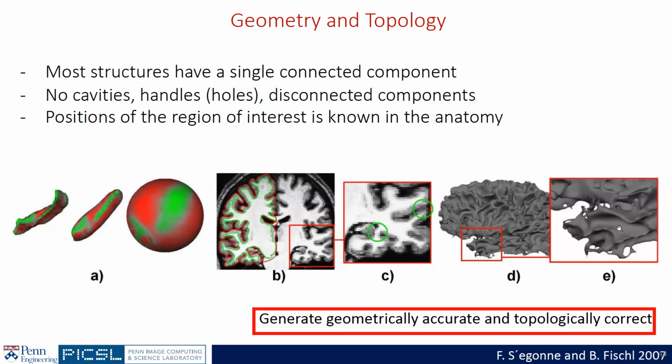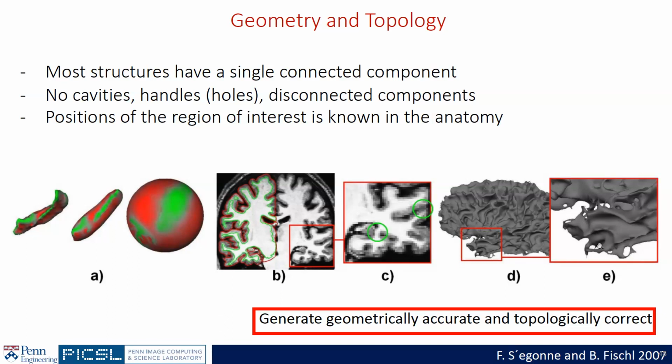If you really zoom in over here, you can see that in this 3D segmentation you have these cavities, this particular hole here, and this particular large hole over here, right? To the naked eye, it looks fine, right? But geometrically and topologically, these are incorrect segmentations, right?